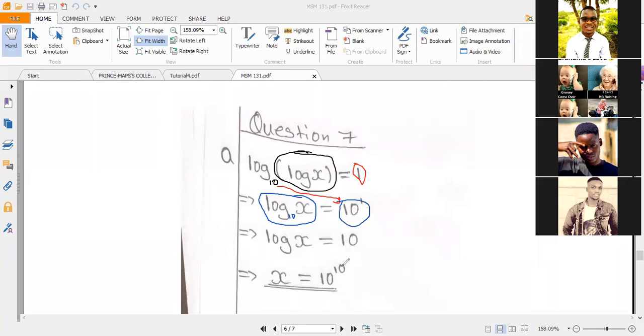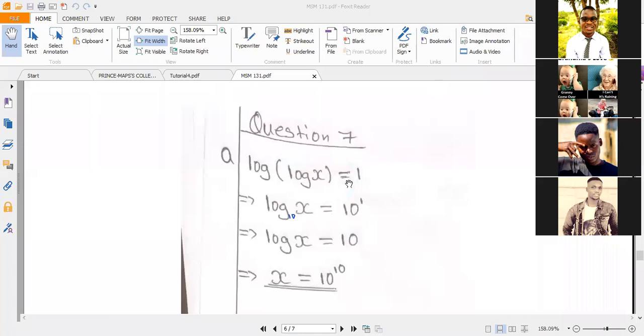So it will be 10 to the power 10. Then your x, which was the argument, will become the solution. So x is equal to 10 to the power 10. Since you don't use a calculator, leave it as x is equal to 10 to the power 10, because those will be big numbers.